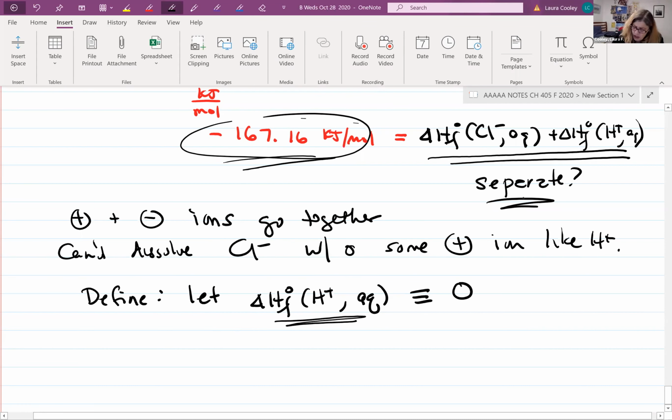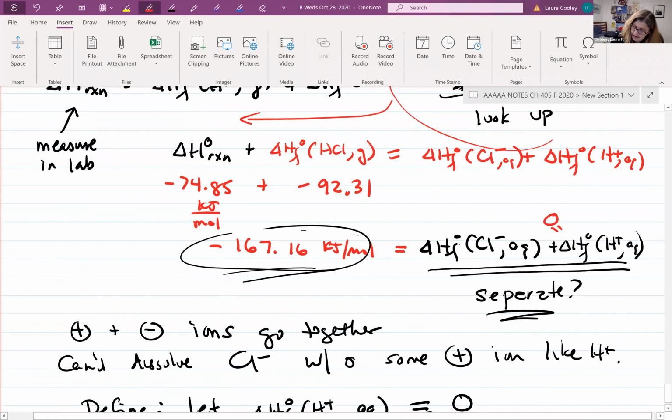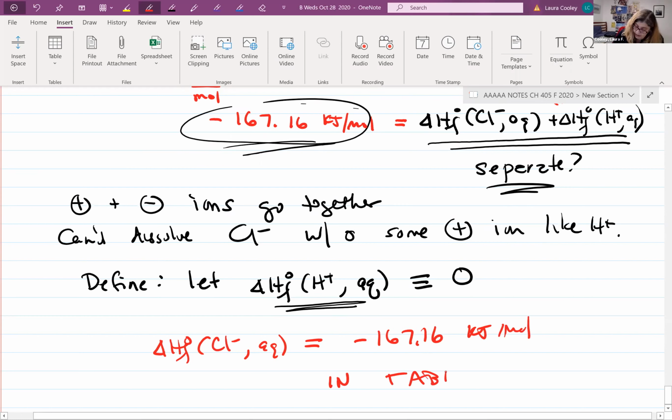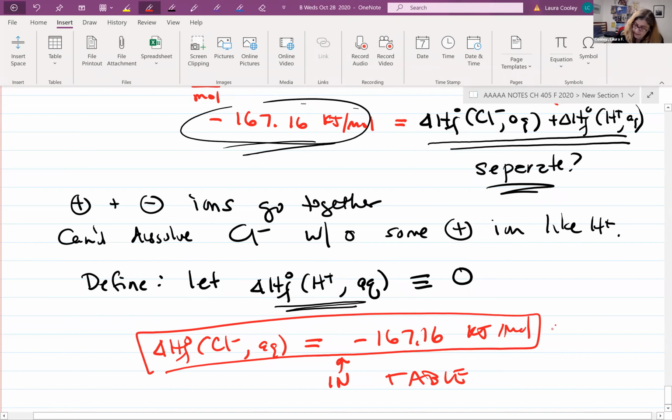And then, of course, since this is equal to 0, delta HF0 of Cl minus aqueous is equal to negative 167.16. That's what's in the table. This is in the table. And this is in the table.